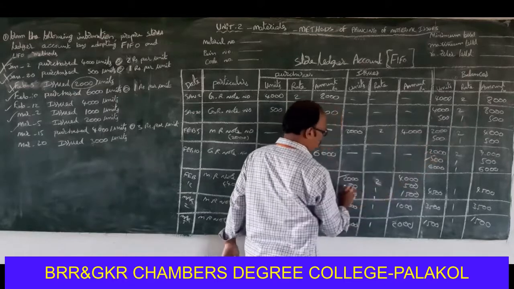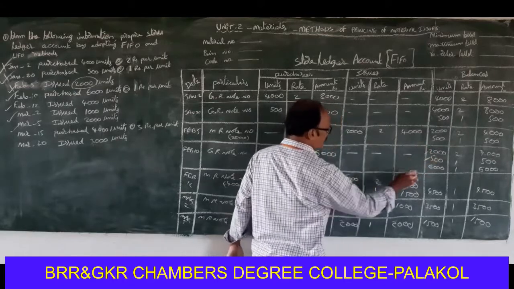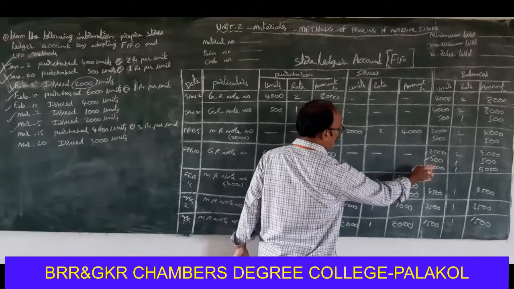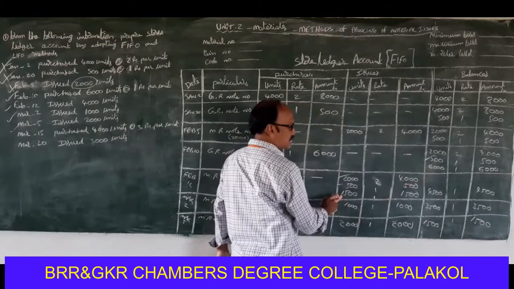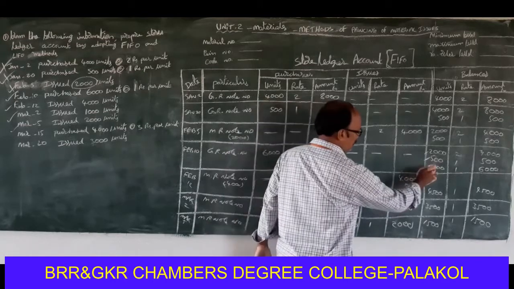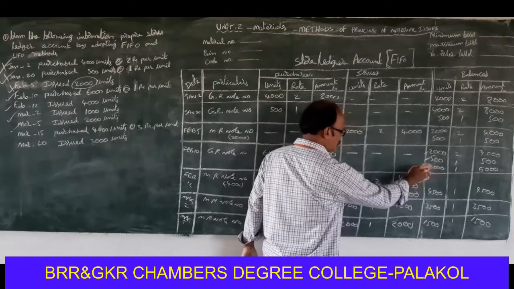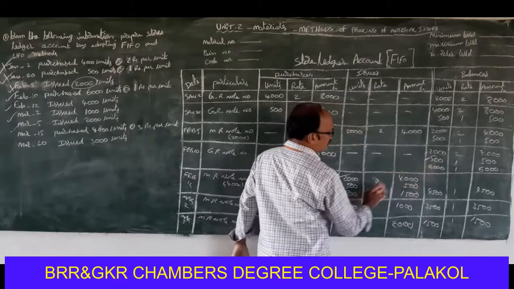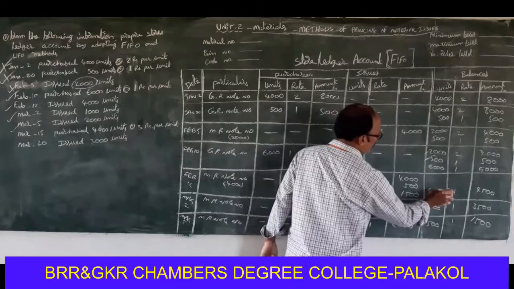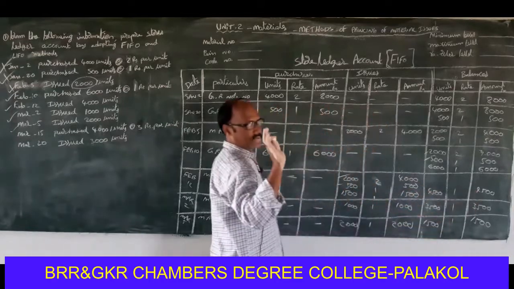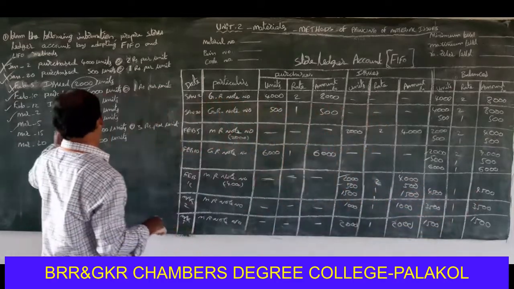Next released this one. Next, the remaining 1,500 units released from this only. So the remaining 6,000 units minus 1,500 units is equal to 4,500 units remaining. 4,500 into 1, 4,500. Okay, next one.